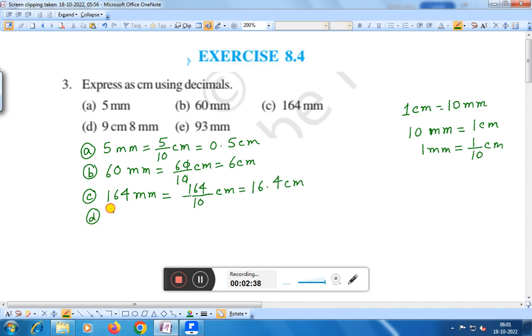9 centimeter 8 millimeter. You can write this as 9 centimeter plus 8 millimeter. Therefore, 9 centimeter plus 8 millimeter can be converted in centimeter by dividing by 10. 8 by 10 centimeter.